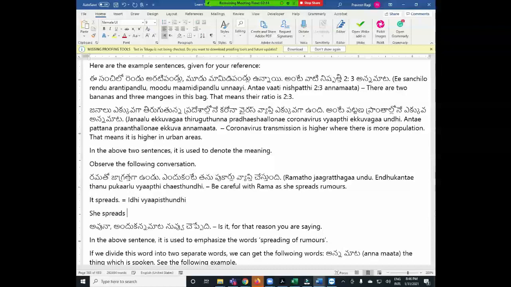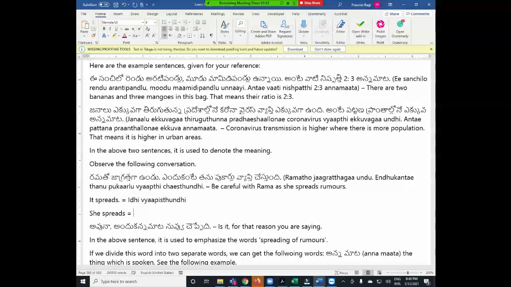She spreads. So here we cannot say ఆమె వ్యాపిస్తుంది because ఆమె is a person. But when we use it like it or coronavirus or any disease, we can say ఇది వ్యాపిస్తుంది. For example, malaria spreads. That means malaria వ్యాపిస్తుంది.